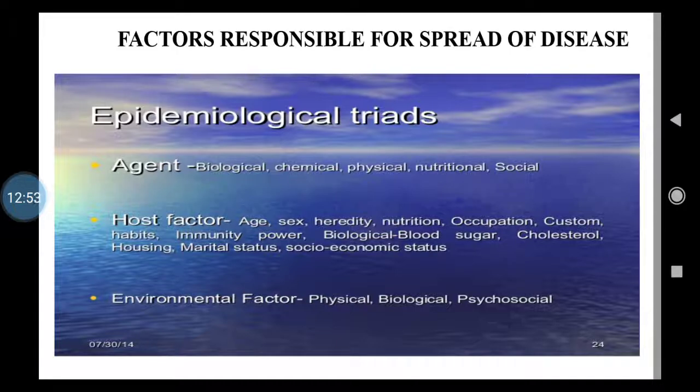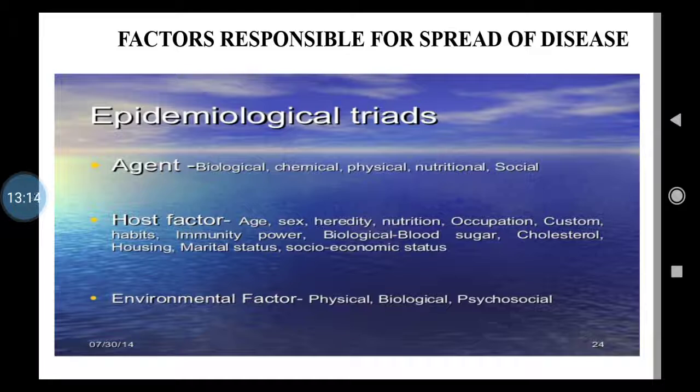Then the social agents are also there. The social factors are also responsible for the occurrence and the spread of the disease. So the social factor is also very important, and in today's era we can discuss this social factor also.